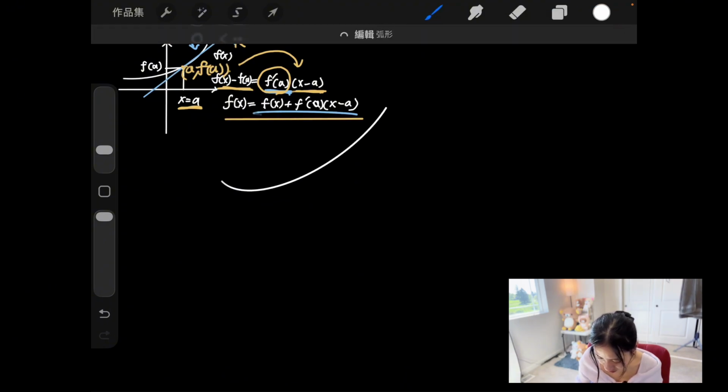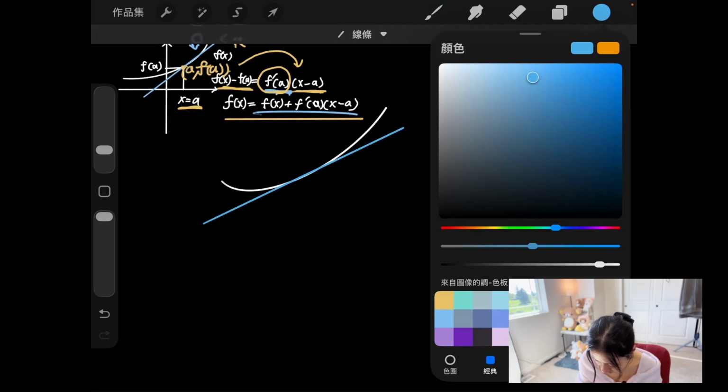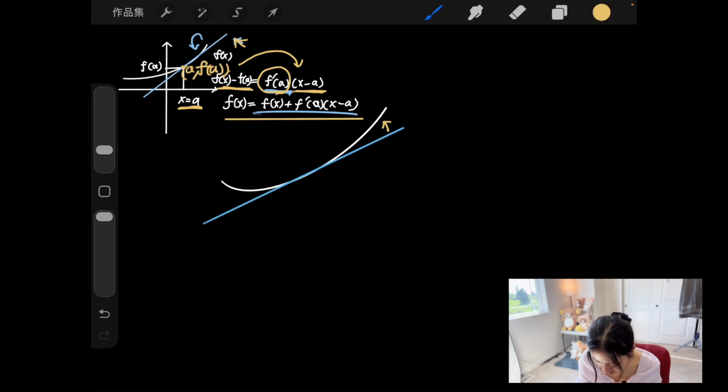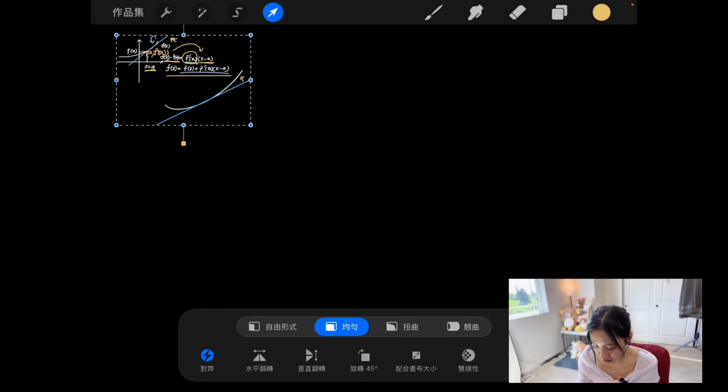So the basic concept here is you use the derivative, the tangent line, to approximate your actual function. This is the core concept of the Taylor polynomial.